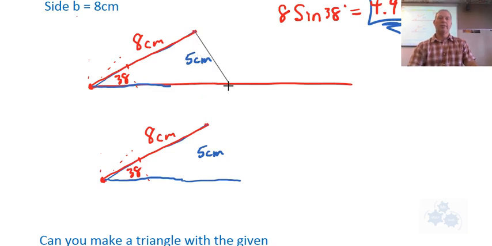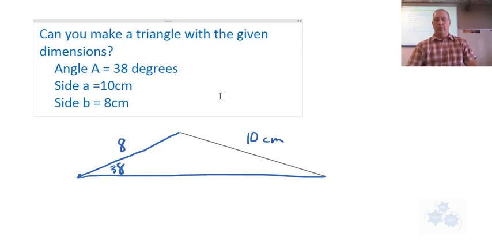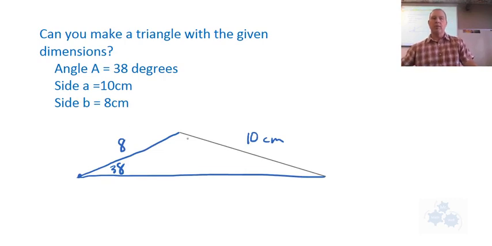One there, and one over here. See that? So we're going to summarize all this in a second. But I just want you to see visually how the minimum requirement here we know is 4.9. So 10 is greater than 4.9, but 10 is also greater than B. So that's 1 triangle only.